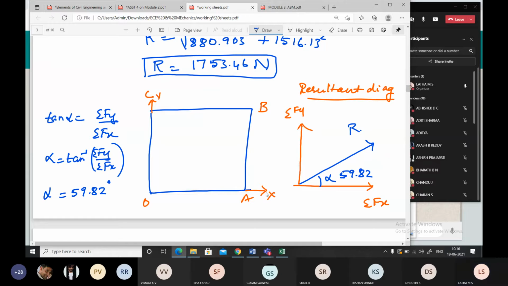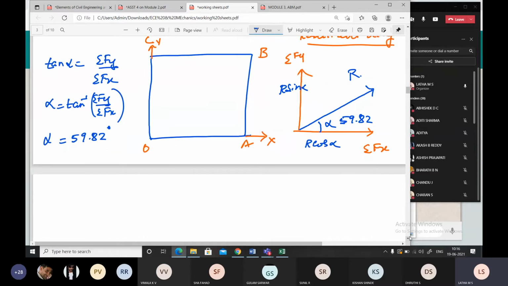Okay. Now resolve this resultant: R cos alpha, and this will be R sin alpha. In your notes, write this diagram very neatly and calculate R sin alpha and R cos alpha, which should equal sigma Fx and sigma Fy. Check your answer.